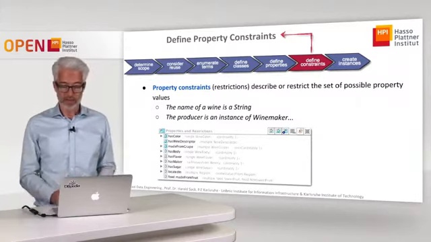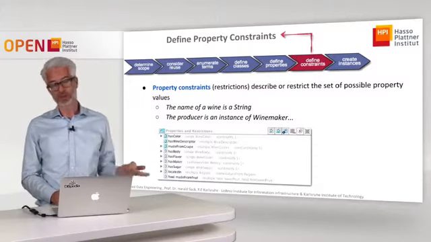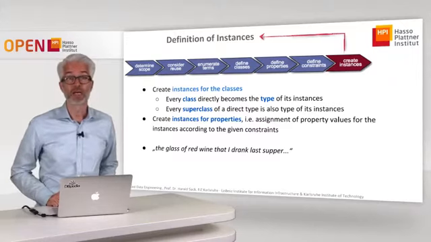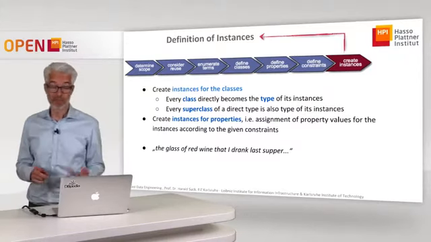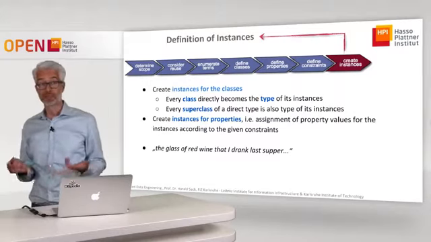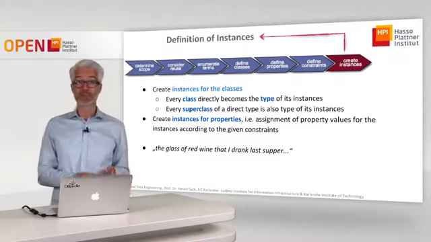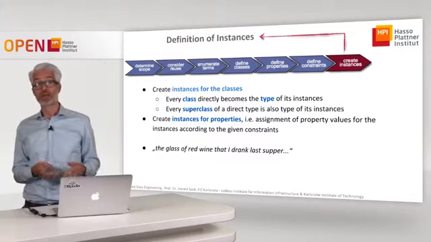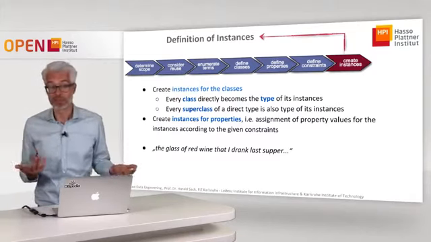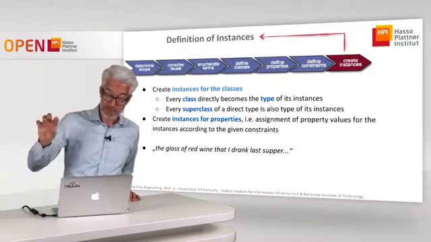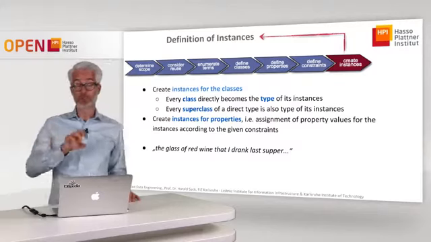And then if you have classes and properties, including all the constraints you want to define, then you could create the instances. And of course, all the instances you create should be members of the classes, which means the instance then has exactly that class as its type and also becomes of the type of the superclasses of these classes. Then you define instances and also relations among instances.